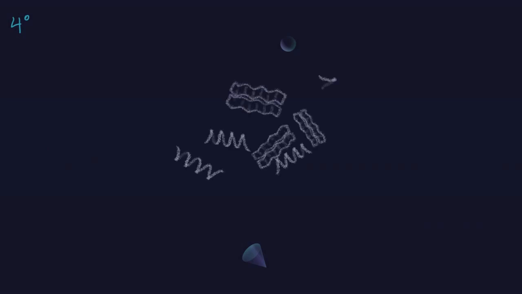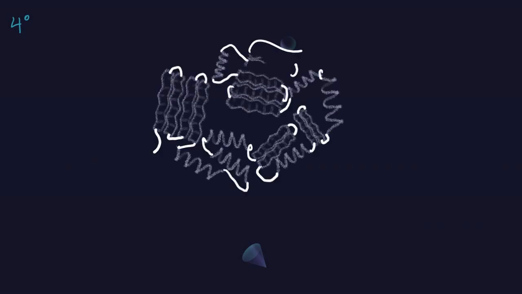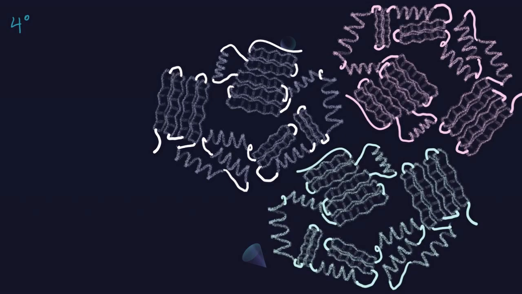So, in short, if this is a tertiary structure, then all of these parts together, assuming they're all intermingling, connected and bonded together somehow in different areas, all interconnected, are our quaternary structure.